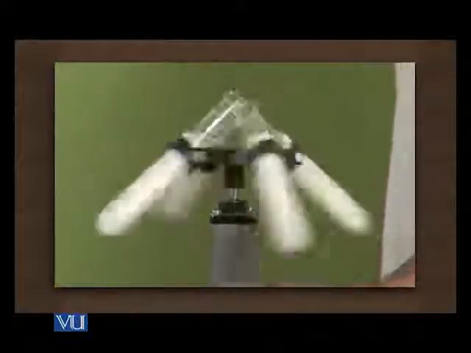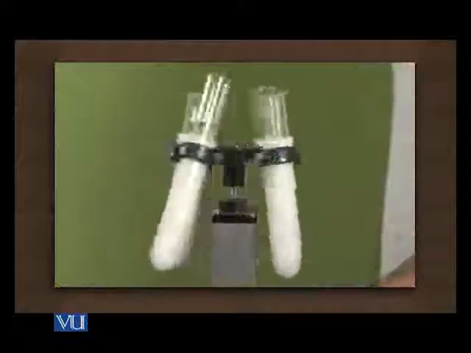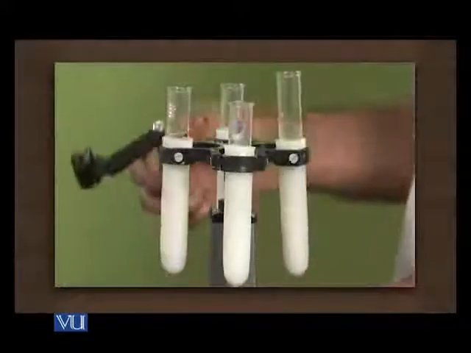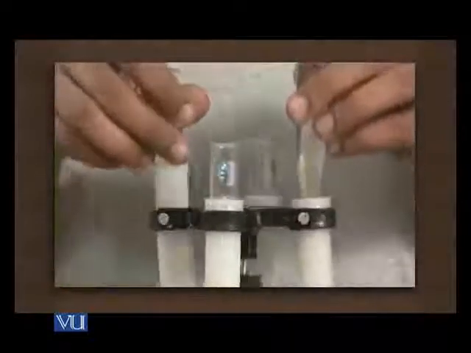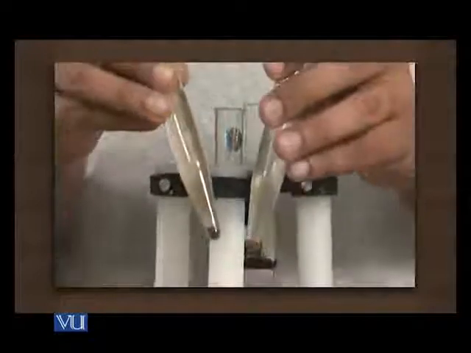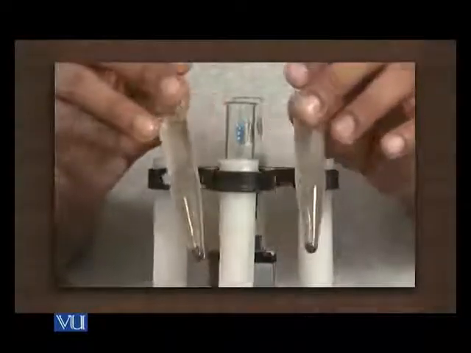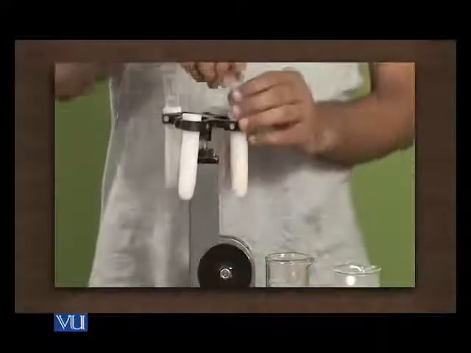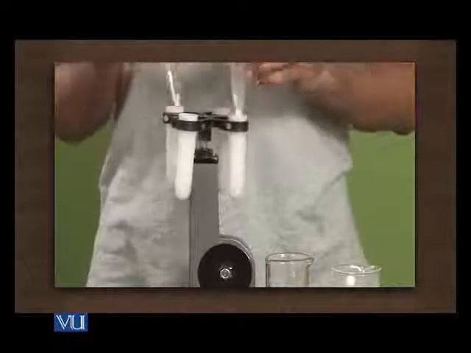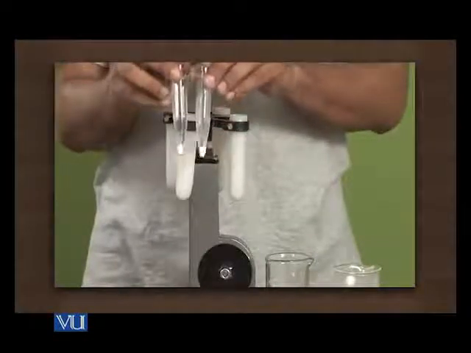Stop rotating. Remove the test tubes and observe. We see mud particles and white precipitate have settled in each of the test tubes. This is the process of centrifugation.